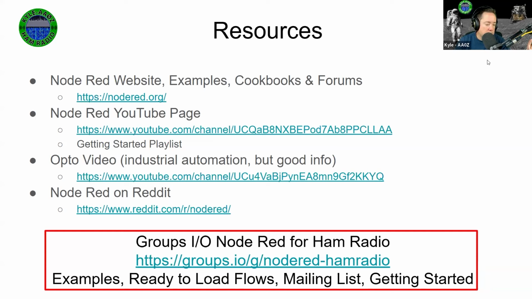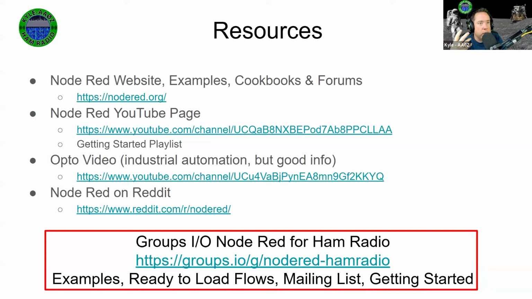But the holy grail of the Node-RED world in ham radio is on Groups.io. If you just Google Node-RED for ham radio, you'll find the group. I think there's like 2,500 people that are a part of the Groups.io. This is where we talk daily about Node-RED. This is where all the flows are located.